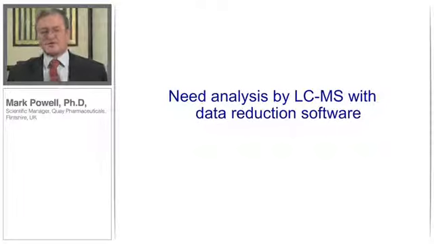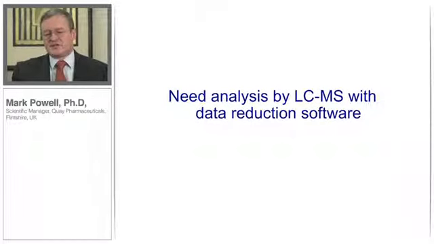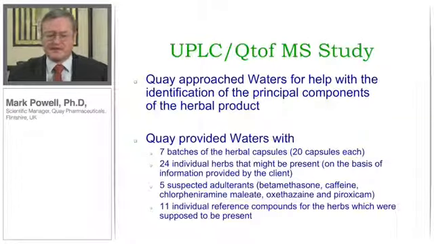Now, to answer these questions, we needed analysis by LC-MS with data reduction software. So we approached Waters for help in the analysis of these herbal medicines. And we sent them samples of 7 batches of herbal product, 24 individual herbs, that's the 12 individual herbs that are supposed to be present in the medicine, plus a further 12 that we thought might be present, and 5 suspected adulterants.